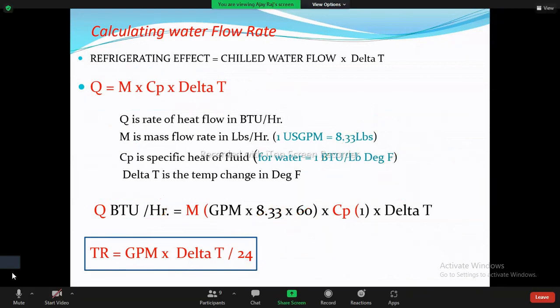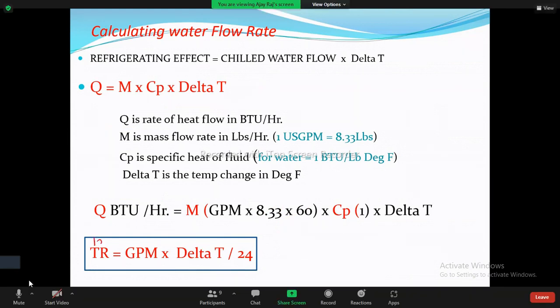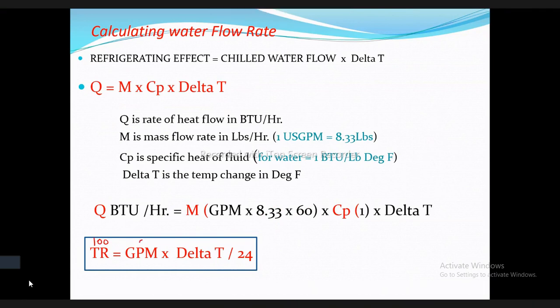Once you have this formula, if you know the TR, so let's say 100 TR, I have to find out GPM. Delta T I know by actual measurement it is 10 degree Fahrenheit. So if I put these values here, then I get GPM how much?